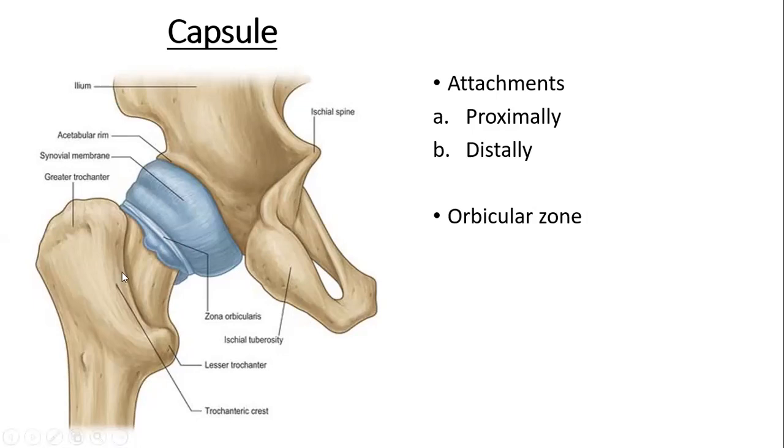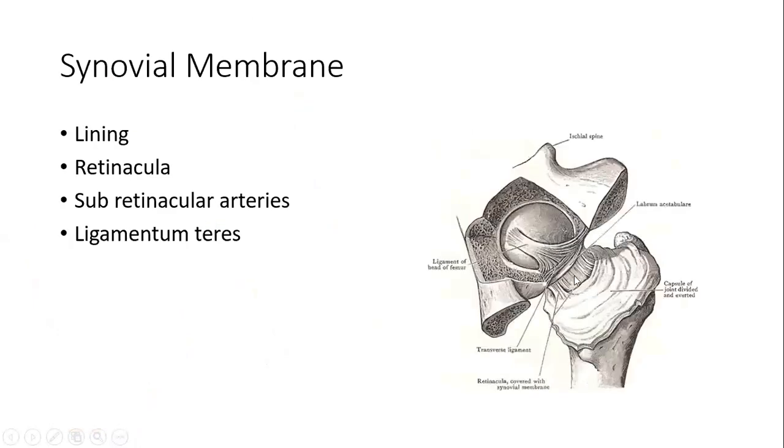After reflecting the fibrous capsule, we can see the synovial membrane, which lines the internal side of the capsule and the cavity of the hip joint. So the synovial membrane proximally is attached over the margins of the acetabulum, and reflects distally along the neck of the femur up till the edge of the head of the femur as longitudinally arranged fibers called retinacula.